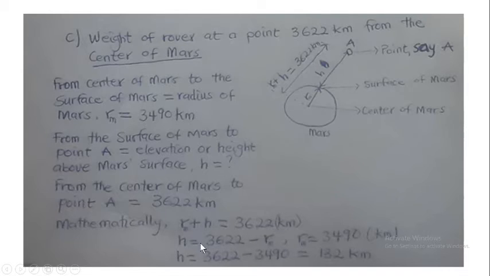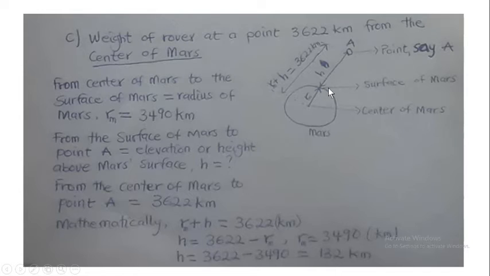When you subtract it from the 3,622 kilometers, you get your h to be equal to 3,622 minus 3,490, and that, when you punch your calculator very well, you get 132 kilometers, and that gives us the height above Mars surface.